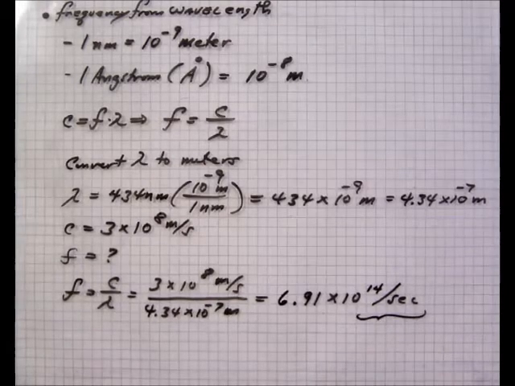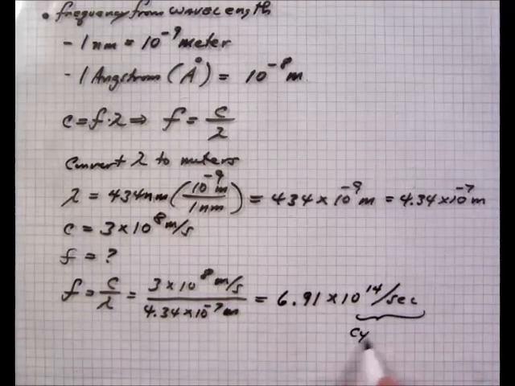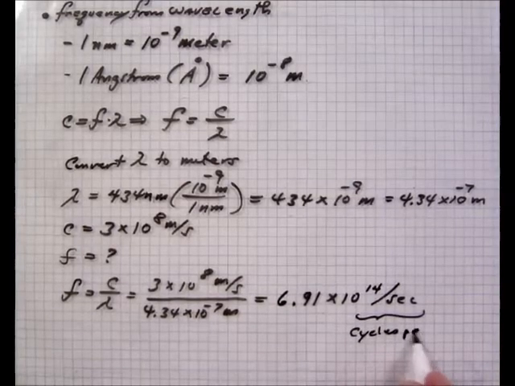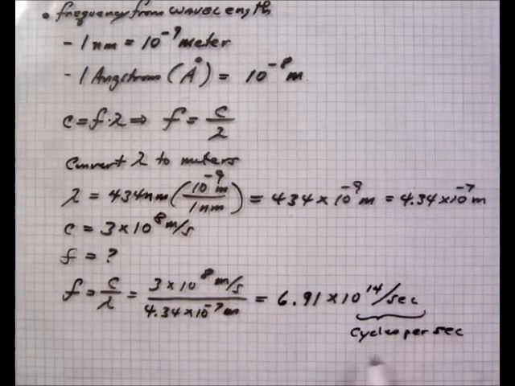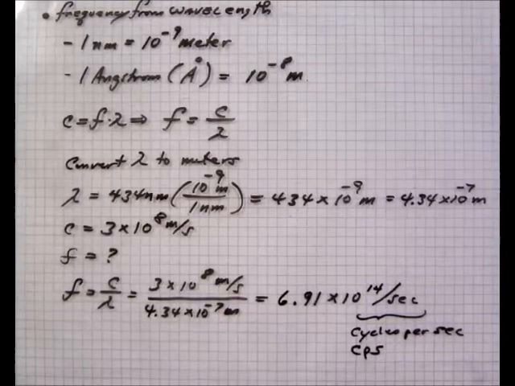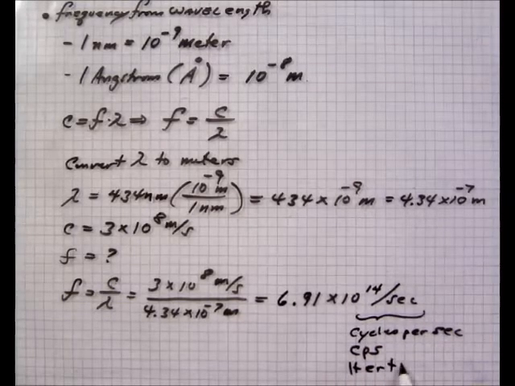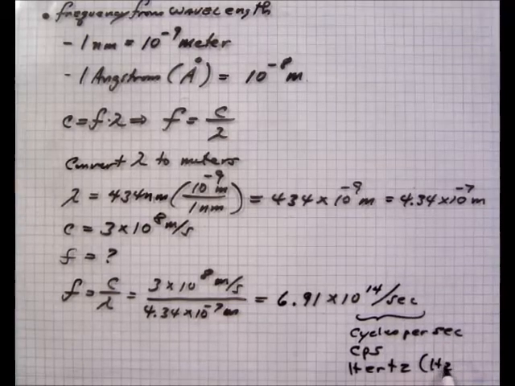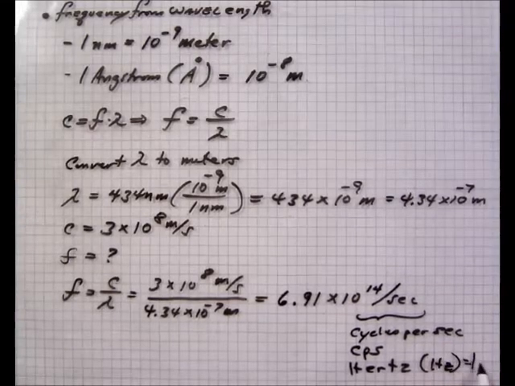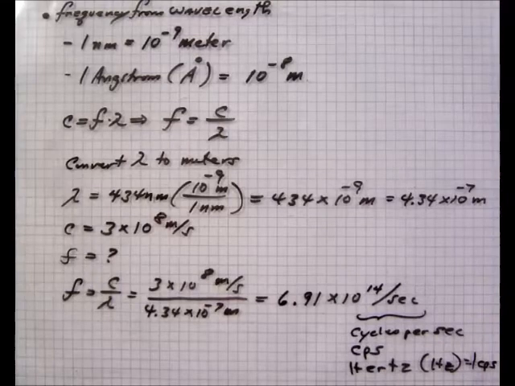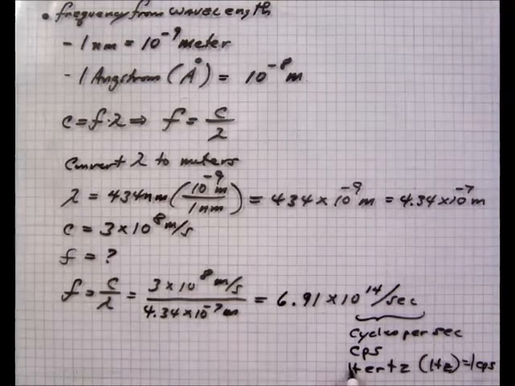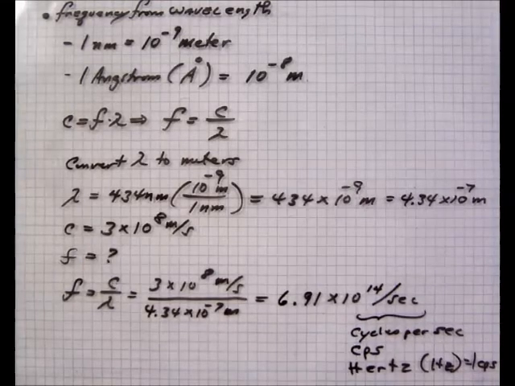This is cycles per second, or CPS, and a cycle per second is also known as a hertz, like the car rental outfit.